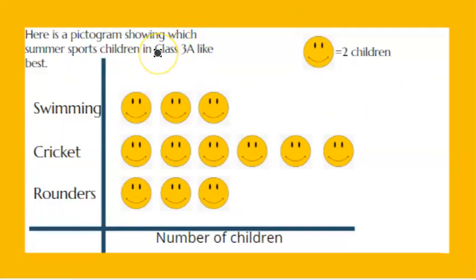And this, here's a pictogram showing which summer sport children in class 3A like best. For swimming, we have 1, 2, 3. Cricket, we have 1, 2, 3, 4, 5, 6. Rounders, we have 1, 2, 3. But one smiley picture represents 2 children. So we're going to multiply everything here by 2.